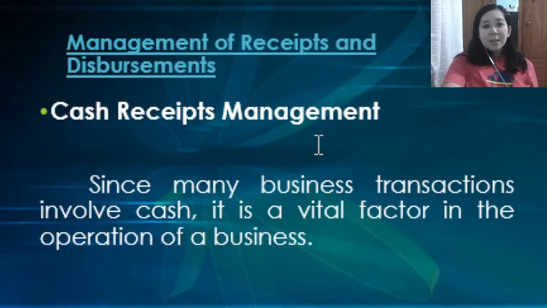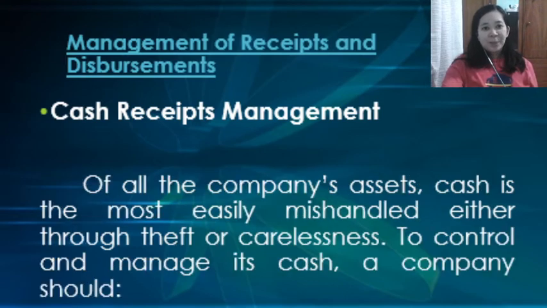Since many business transactions involve cash, it is a vital factor in the operations of the business. That's why they have to keep track of, monitor, and control their cash. Of all the company's assets, cash is the most easily mishandled, either through theft or carelessness.